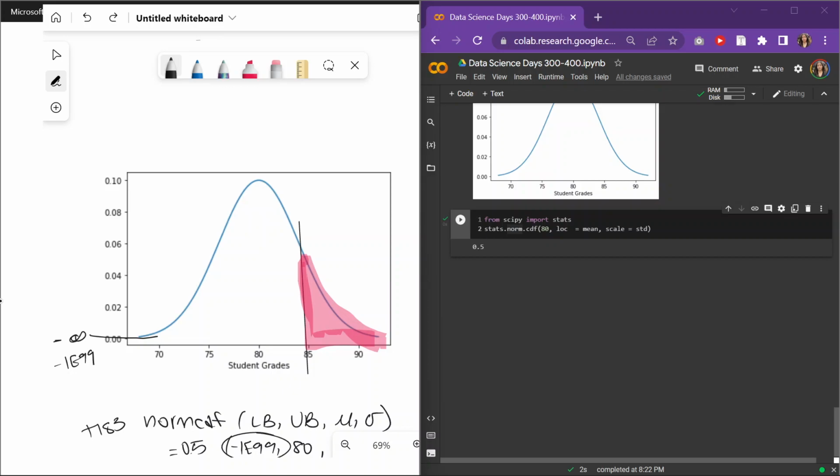But if you use logical thinking, to get this area right here, all you have to do is 1 minus the proportion of students that's less than 85. So we'll do that.